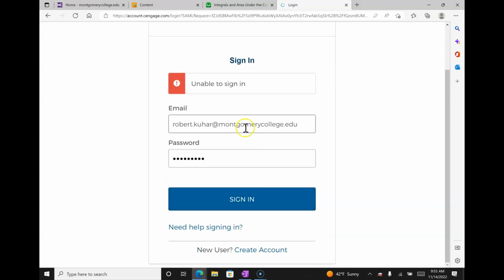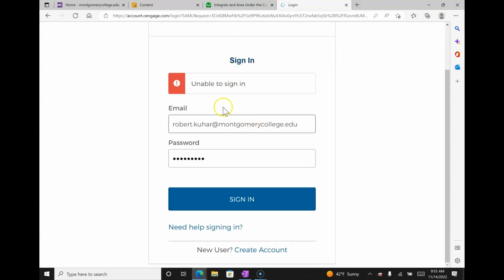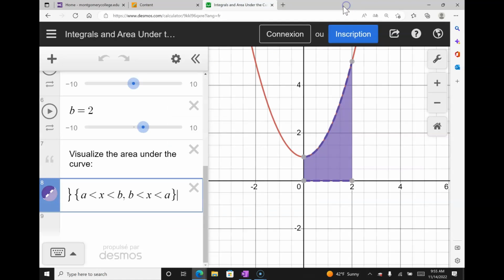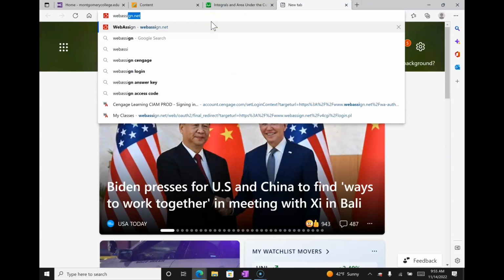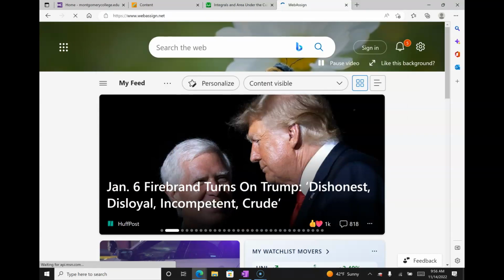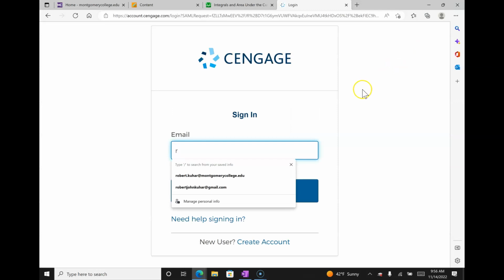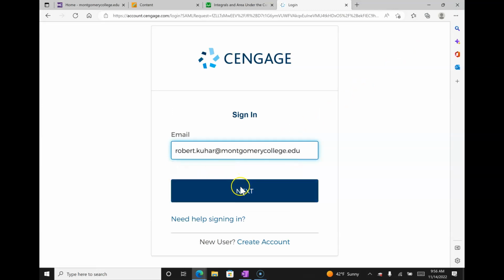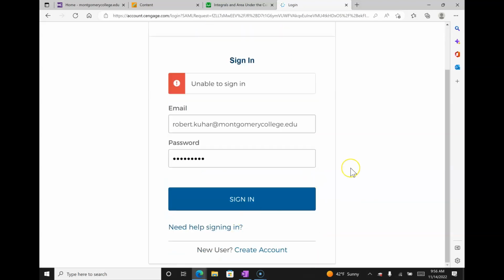Why can't I log in? Can someone open the book for me to section 5.5? Anybody get the book open?